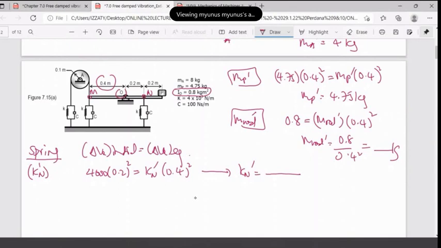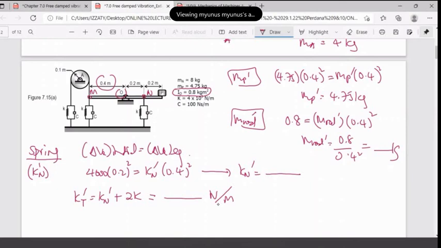You do another one. So your KT now is equal to Kn prime plus 2K, correct? Isn't it? You have these numbers, Newton per meter.